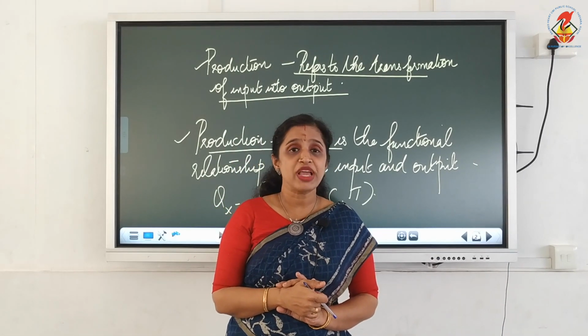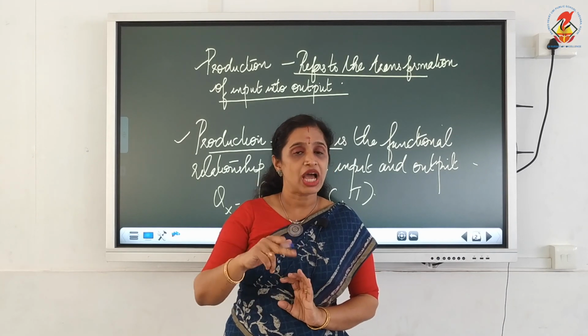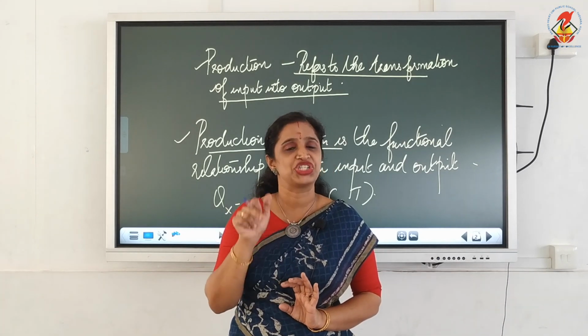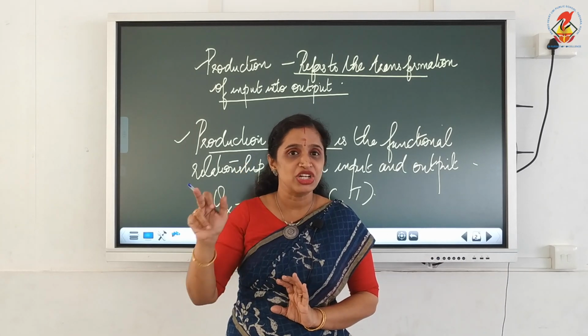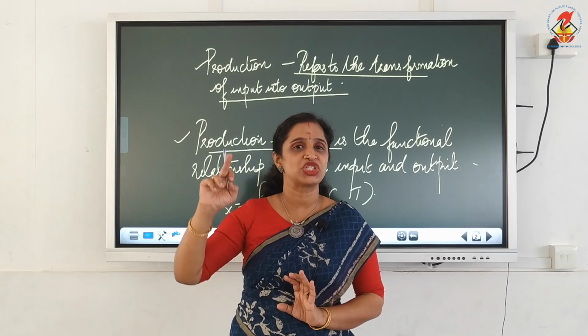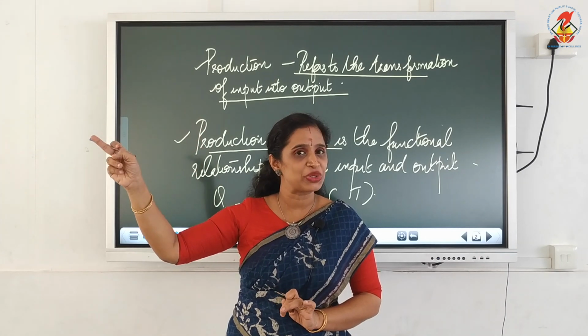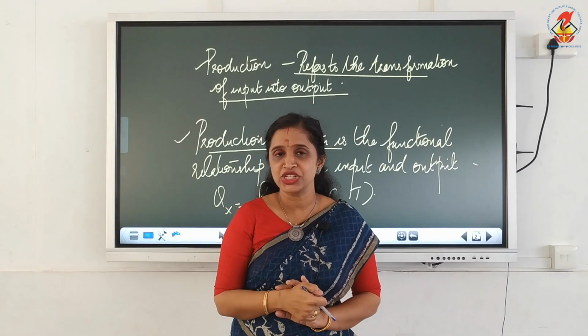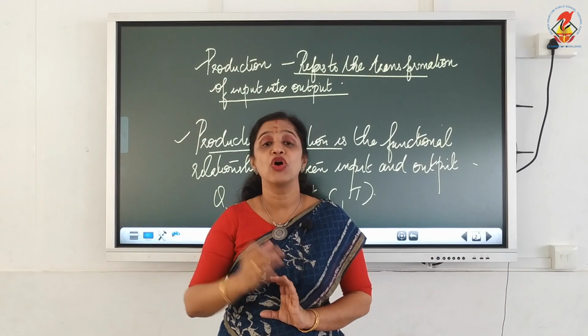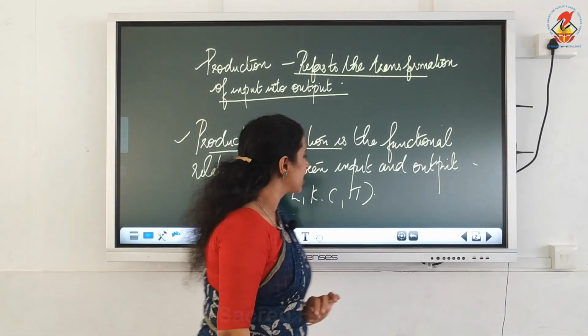Now when you speak about production function, we have to write it in the form of a function, right? Just as you wrote demand as a function of so many factors such as prices of other goods, like that, we have to write the production function in the form of a function or an equation. How do we write that?